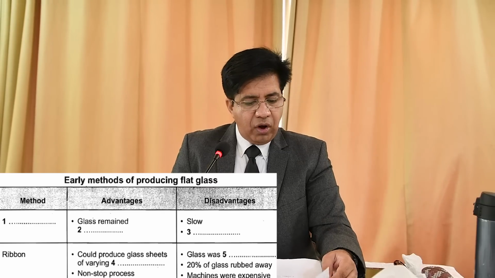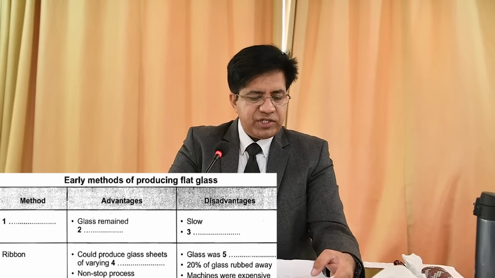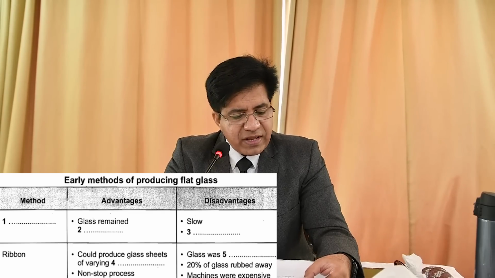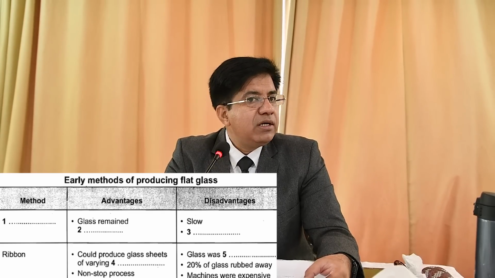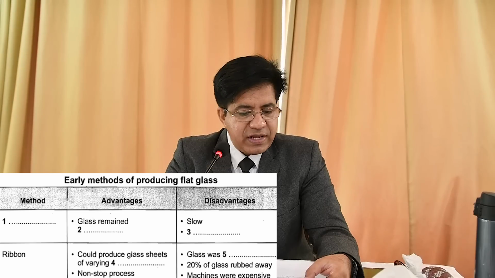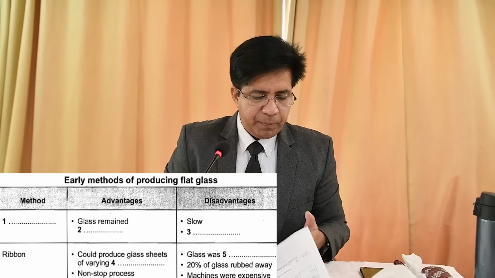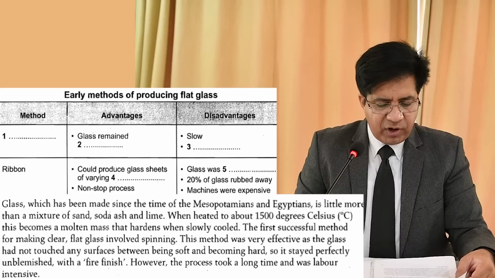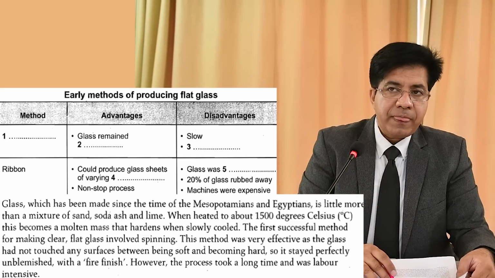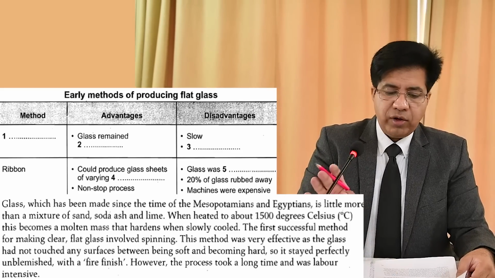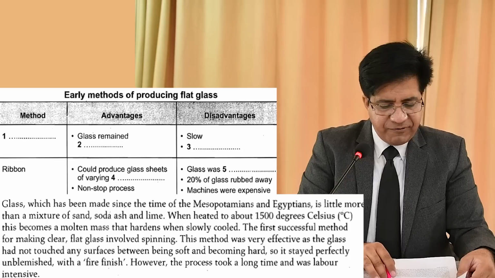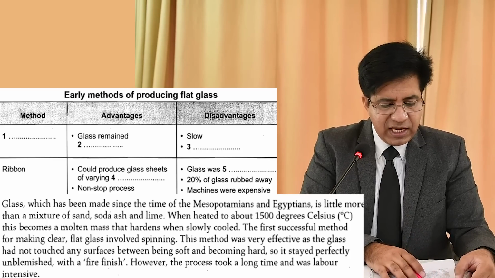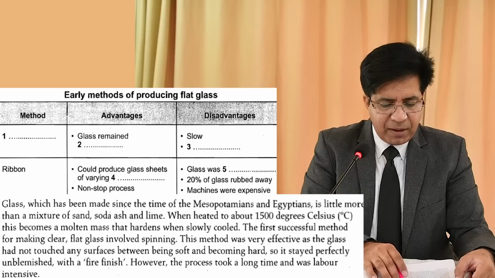Now, let's just go on. Question number 2, advantages. First method is spinning. What are the advantages? Glass remained dash. Just focus, glass remained dash. So please go back. After spinning, you need to read. This method was very effective. Okay, this method was very effective as the glass had not touched any surfaces between being soft and becoming hard.